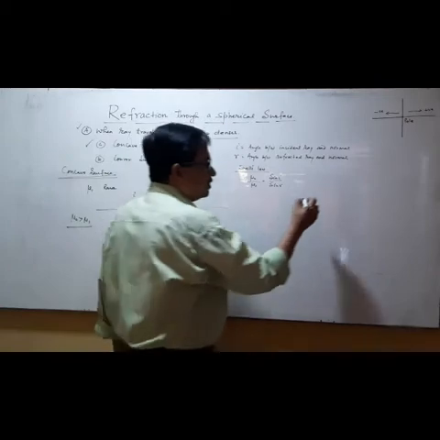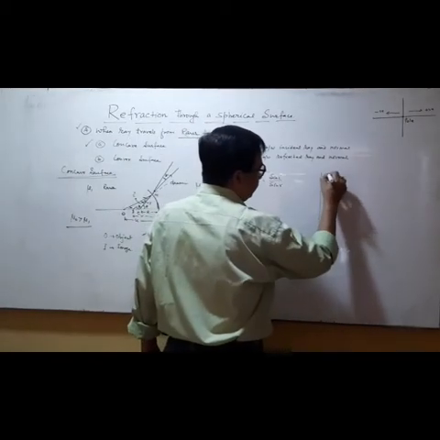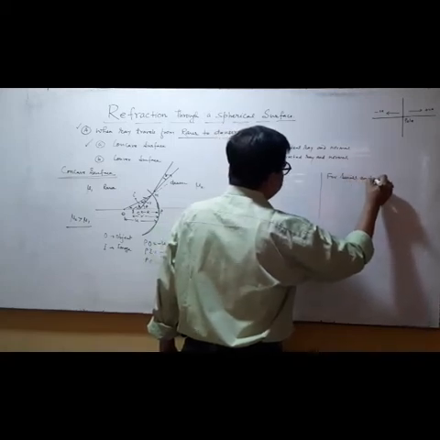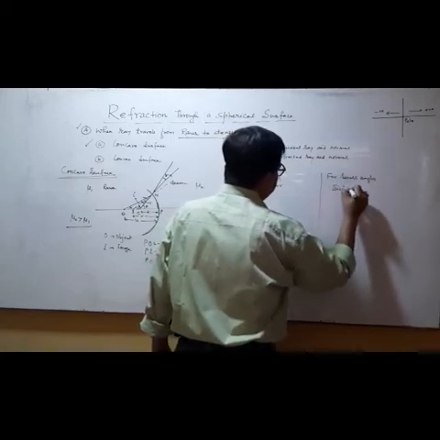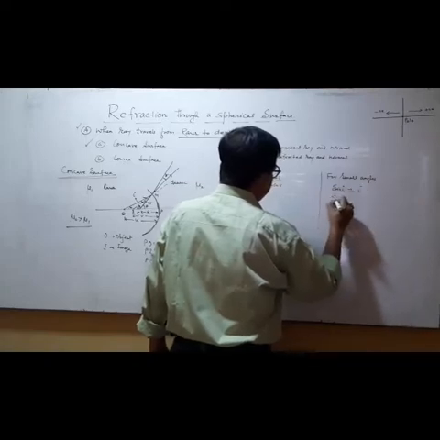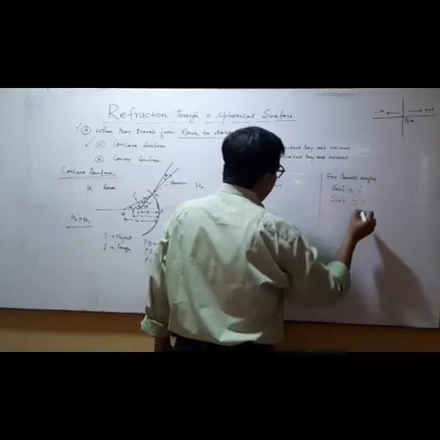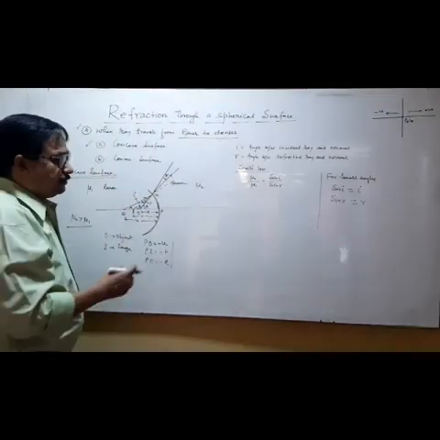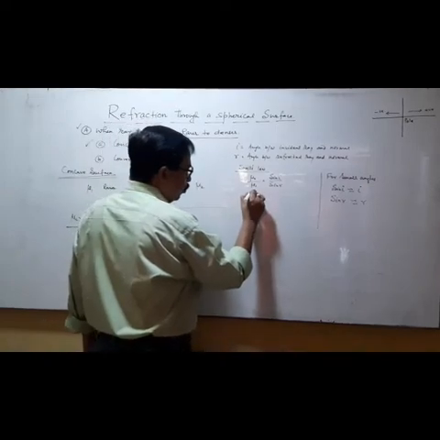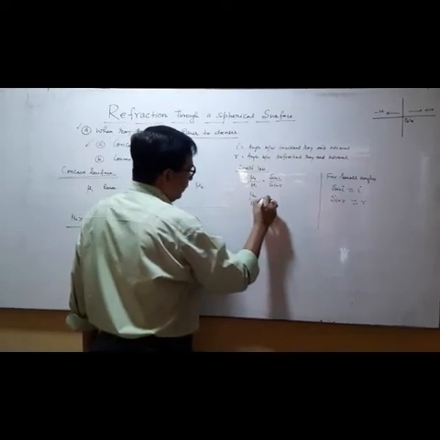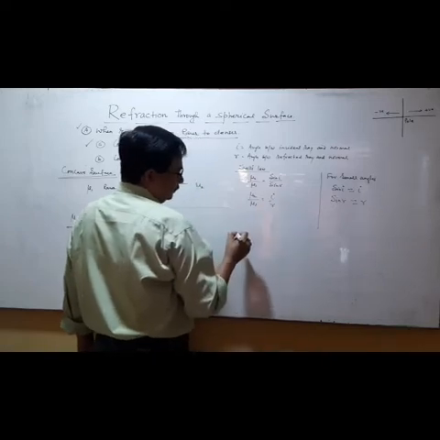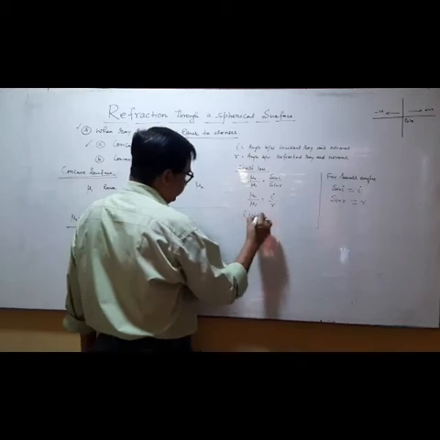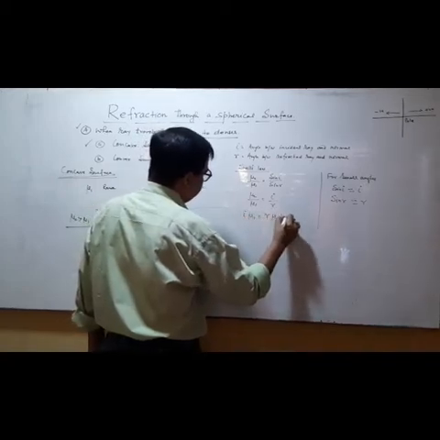And for small angles, sine I is approximately equal to I and sine R is approximately equal to R, because for a small angle, sine theta is equal to theta. So we can write mu 2 by mu 1 is I upon R, or I mu 1 is equal to R mu 2. This is equation number 1.